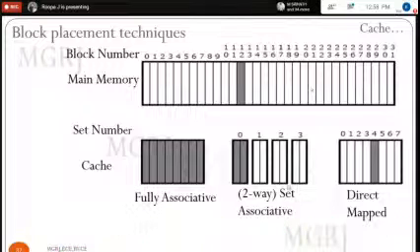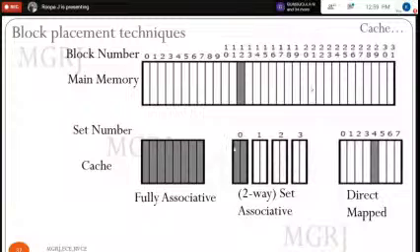See here. So in this case, you have total size of main memory as 32 blocks, whereas the size of cache memory is 8 blocks. Totally, your cache memory has 8 blocks. Again, that 8 blocks is divided into 4 sets. Please understand. So the cache memory is divided into 4 sets, and each set has 2 blocks. So what I am trying to say is, one block of your main memory can be brought to one set.